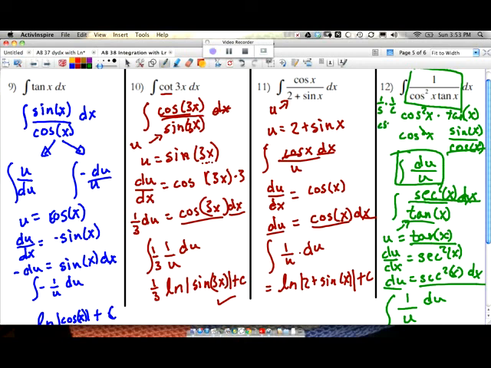You just get a big mess there, and it's hard to see where you would go with that. But knowing that cosine squared and tangent can be secant squared and tangent, that's probably the biggest clue. You can manipulate cosine squared into secant squared just by using its reciprocal.